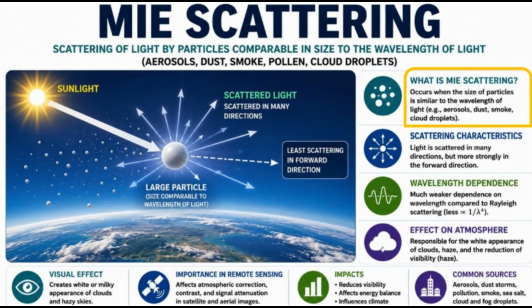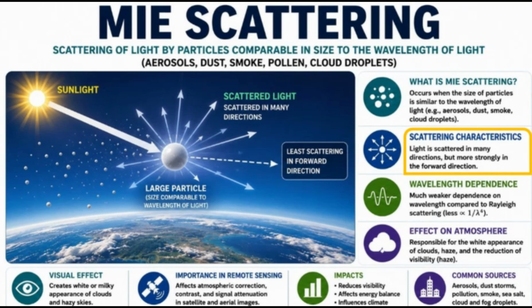Next up, we shall look at Mie scattering. Mie scattering has already been defined as the scattering of light by particles comparable in size to the wavelength of light. And these particles comprise the aerosols, dust, smoke, pollen, and cloud droplets. And when we look at the scattering characteristics, it simply means that light or radiation is scattered in several directions, but more strongly in the forward direction.